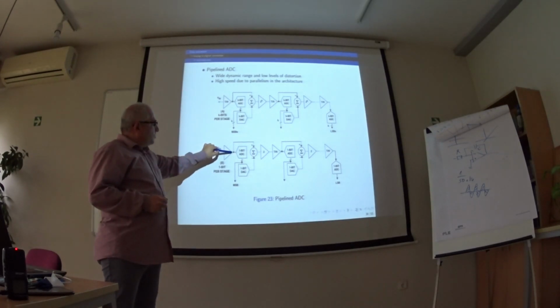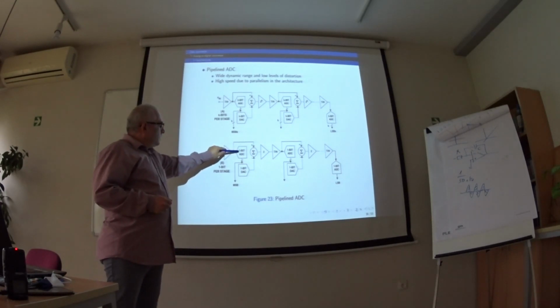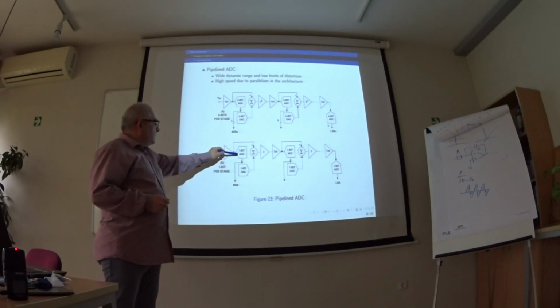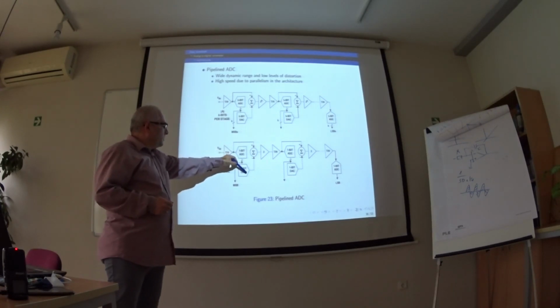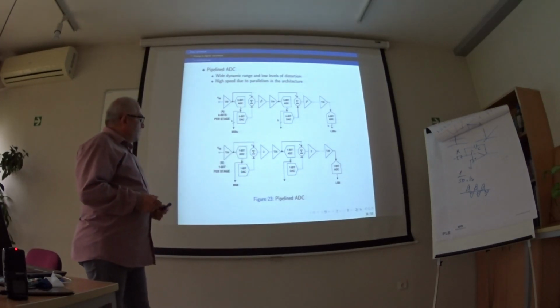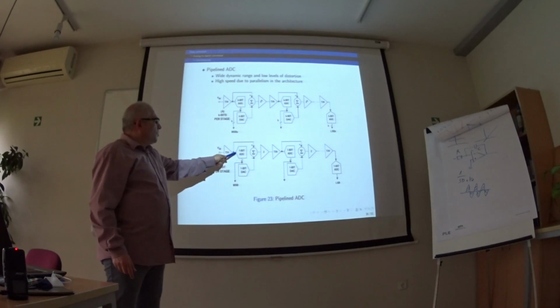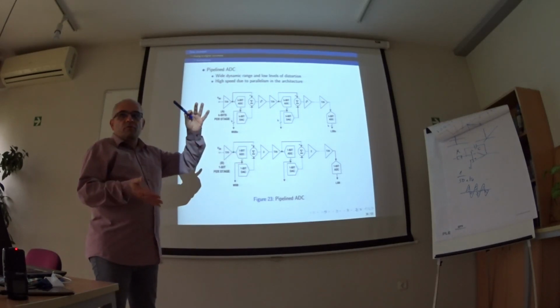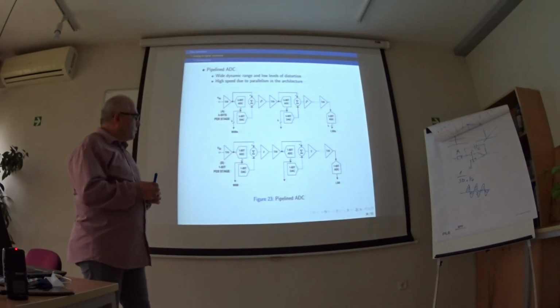When we apply the voltage here, the code from the analog to digital converter is fed into the input of the digital to analog converter, and we get the difference. Here we have a 1 bit analog to digital converter, so we have a resolution of 1 bit, which is half of the whole input.